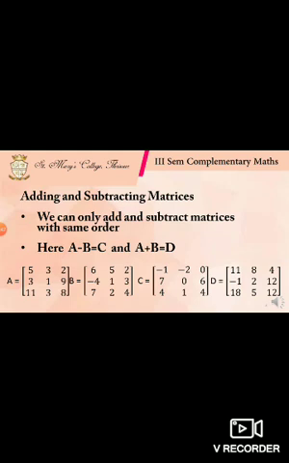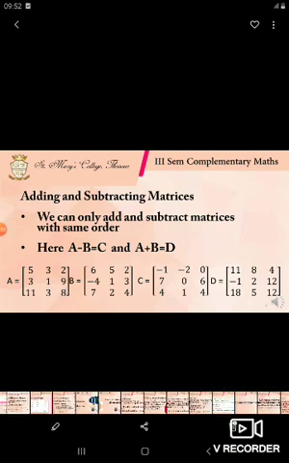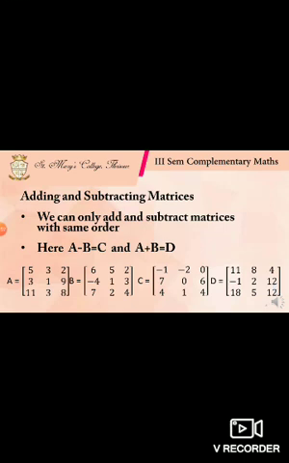Like that, each place we will add. Third row, third column, it is 8. Third row, third column in B, it is 4. 8 plus 4 is 12 here. Like that we will do it, and you can check whether everything is correct or not.